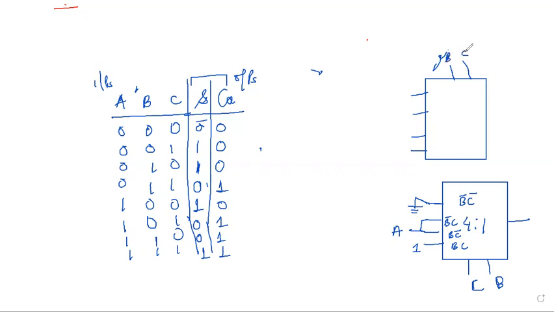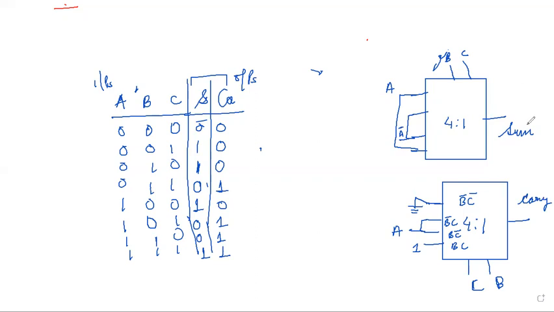BC are the select lines. So for the sum, it is going to be first and last connected to A, and these two connected to A bar. So this is 4:1 mux. This is my sum. And this is my carry. So this is how we are going to implement the full adder.